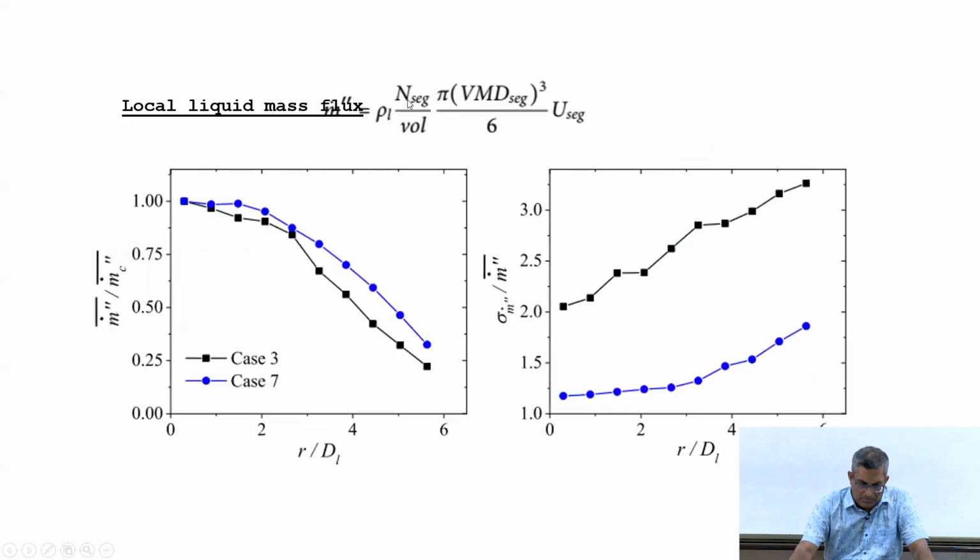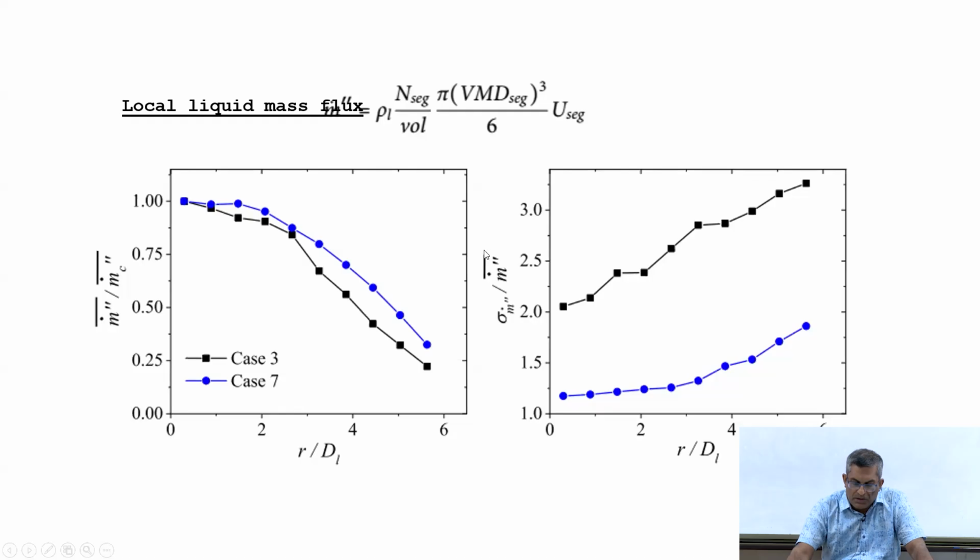Okay, so because we know particle size, particle velocity and particle number density, it is possible to calculate other quantities, for example, particle volume or mass flux also. So here you can see in this example how the mass flux varies for different operating conditions of the injector.